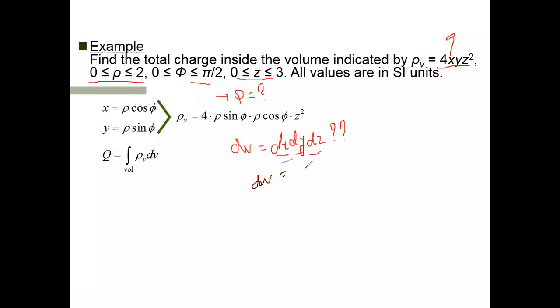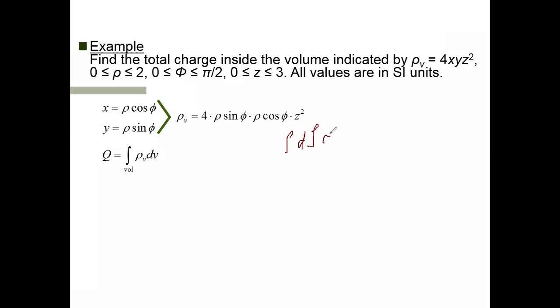In the cylindrical coordinate system, it is rho d rho d phi dz.